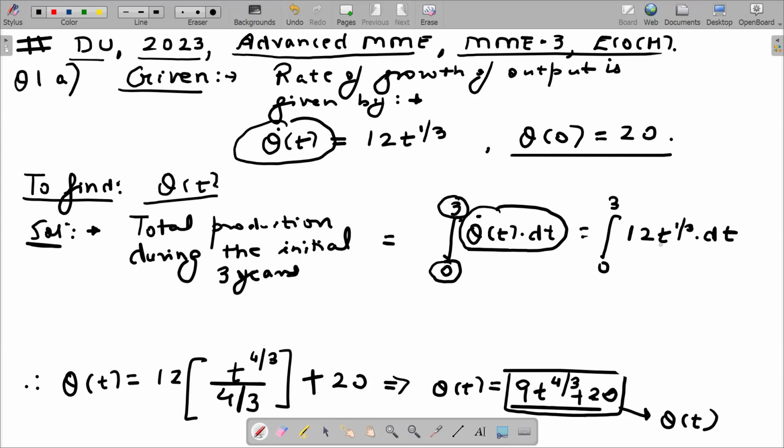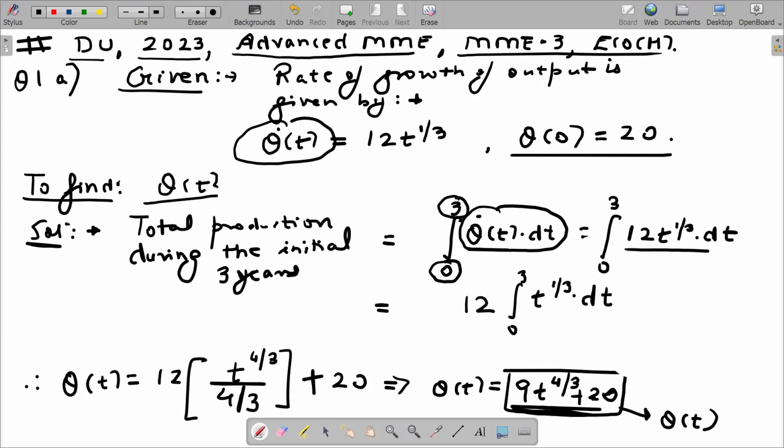Okay, so q dot t is 12 t to the power 1/3. So this is going to be 12 times the integral 0 to 3 of t to the power 1/3 dt. Now this is a definite integral. What do I get when I integrate t to the power 1/3?